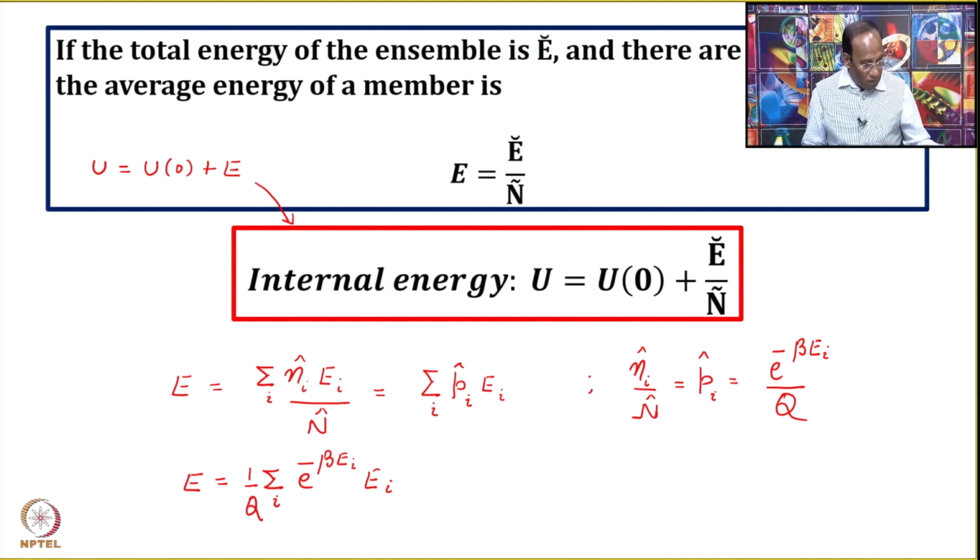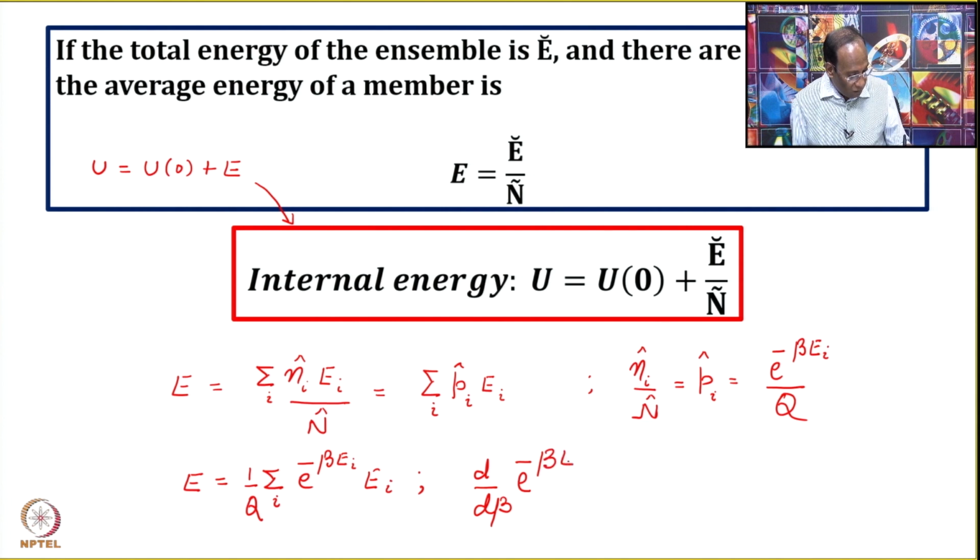All right. So we will use the same method as we used earlier in the derivation for the expression which connects U and small q, molecular partition function. What we do is we will consider d by d beta of exponential minus beta Ei.